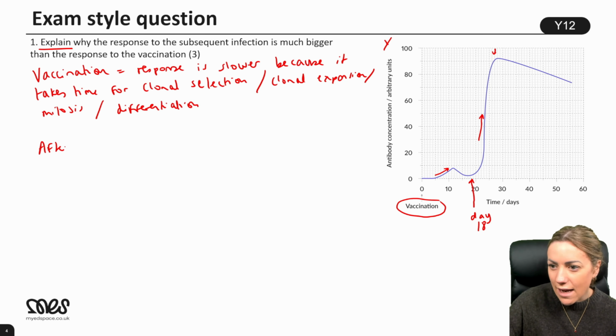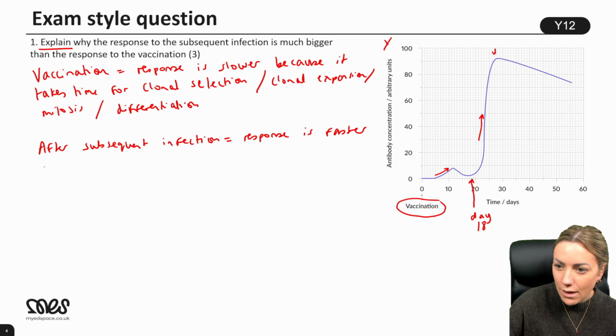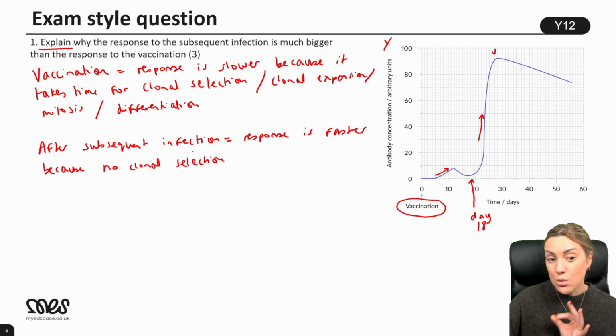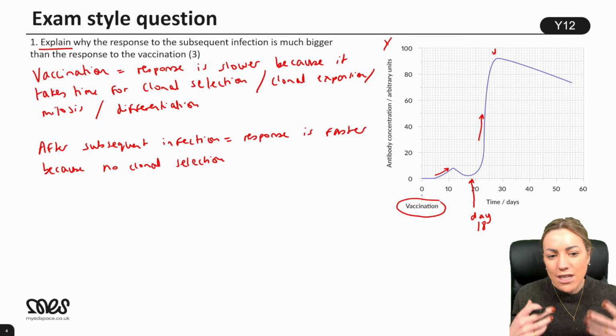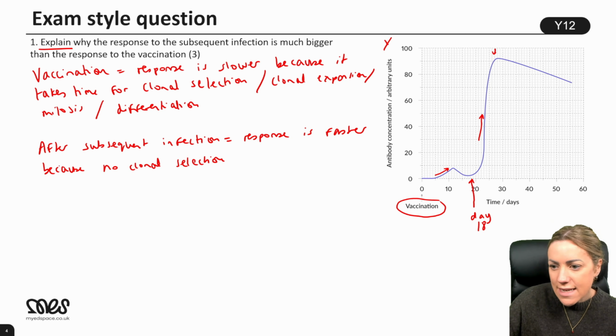Whereas after the subsequent infection, which I'm assuming is around day 18 from looking at the graph, the response is faster because you could say no clonal selection. So you've already got the memory cells which can recognize this foreign antigen. So you don't need to select the correct B lymphocyte or activate the correct B lymphocyte.